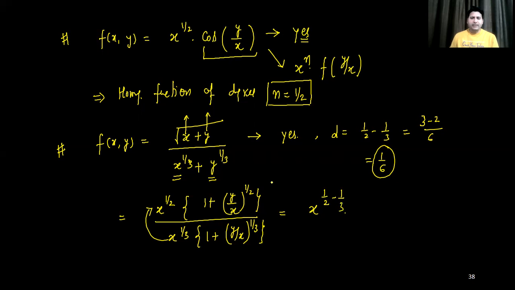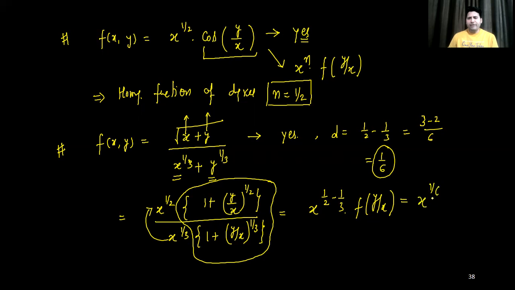The rest of the terms are all functions of y upon x, because 1 can be written as y upon x to the power 0. So the rest can be written as a function of y upon x, which equals x to the power 1 upon 6 into f of y upon x, which is a standard form of a homogeneous function with degree 1 upon 6. So this is how we can reduce it.